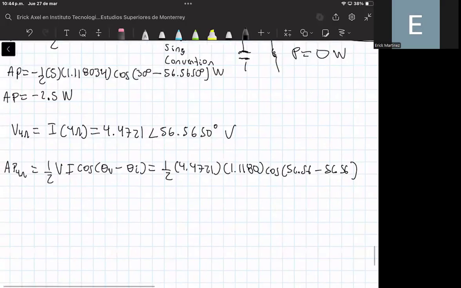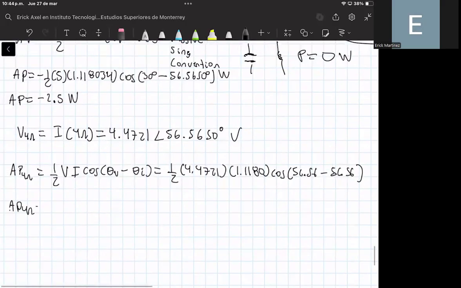If you input all of these values in your calculator, you will see that the average power is 2.5 watts, and here we have a positive sign.